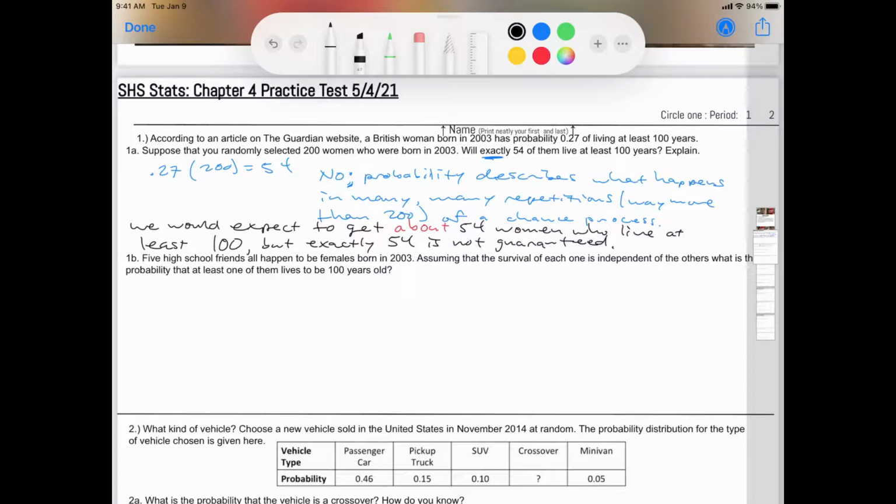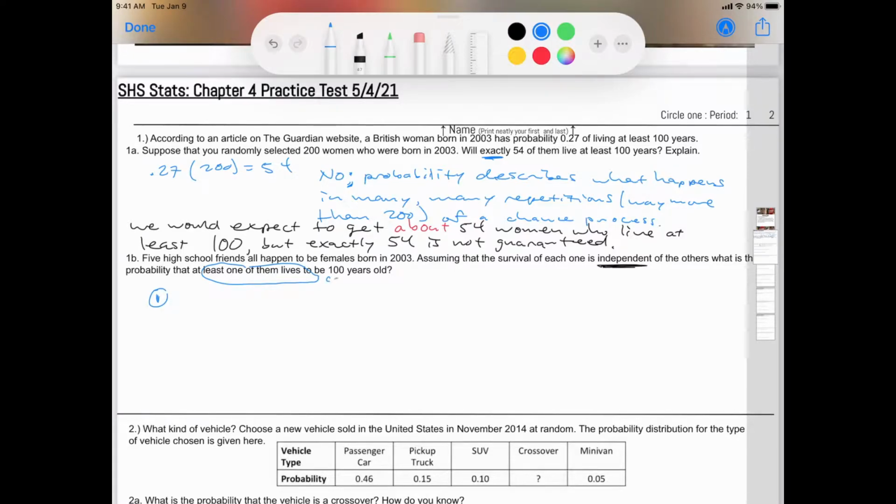5 high school friends all happen to be females born in 2003. Assuming that the survival of each one is independent, underline that word, of the others, what is the probability that at least one of them lives to be 100 years old? So there's 2 ways to do this one. I'm going to do the first one the easiest way.